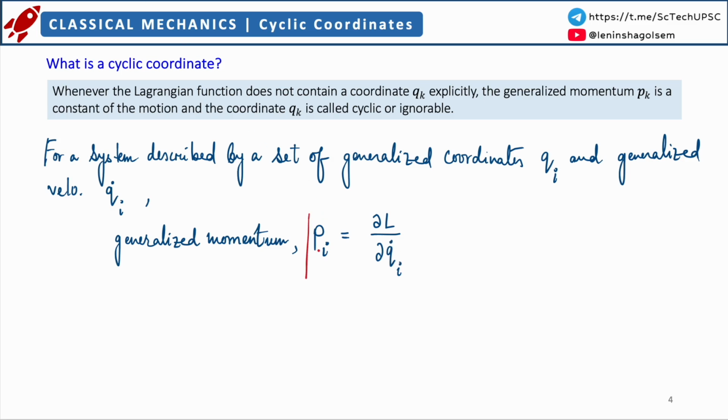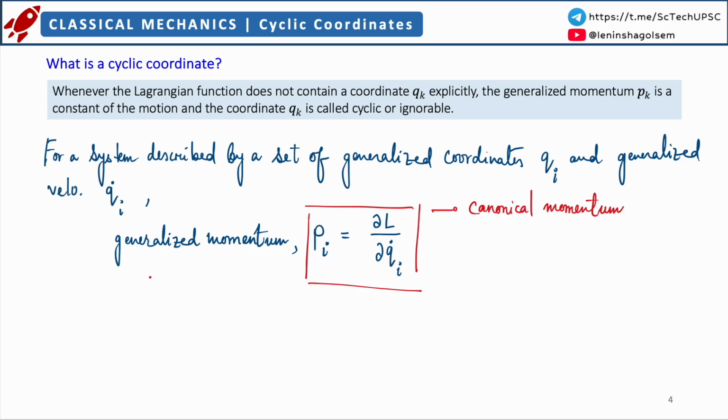The first thing is to recall this expression, and by the way, this generalized momentum has other names as well. It is also referred to as canonical momentum, another name for the generalized momentum conjugate to this particular coordinate qi.